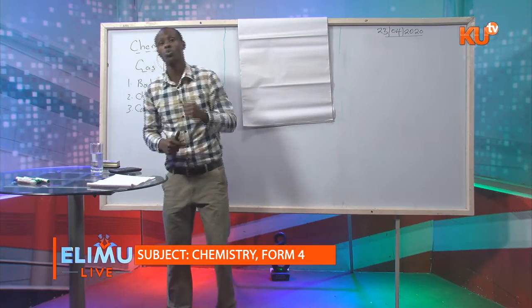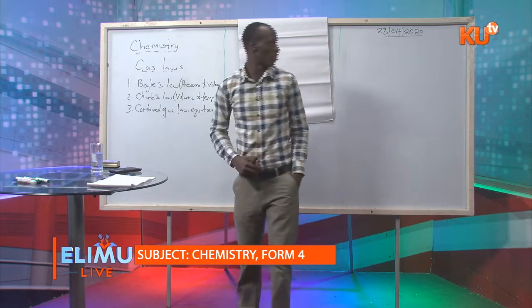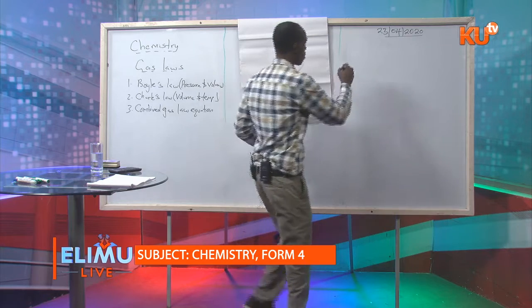So if you have understood those two terms well, then it will be easier to know what Boyles Law states and what Charles Law states. Let me start with Boyles Law.